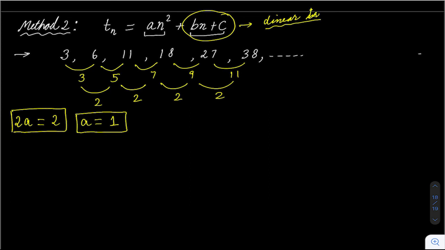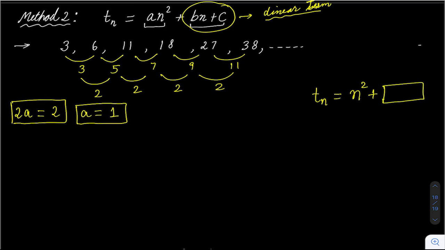So we will find this linear term directly instead of finding b and c. Now I know that a is 1, so my nth term has an n square term plus some linear term that I have to find out.